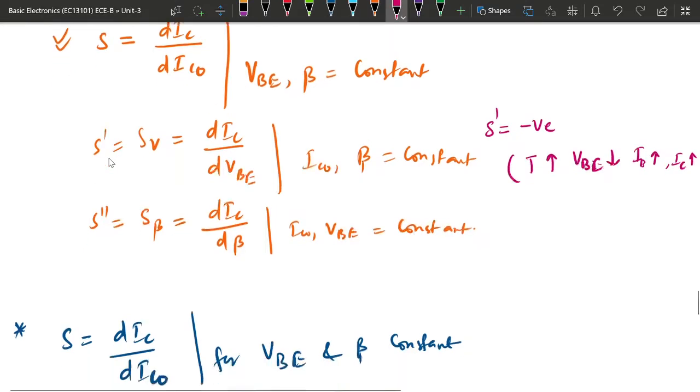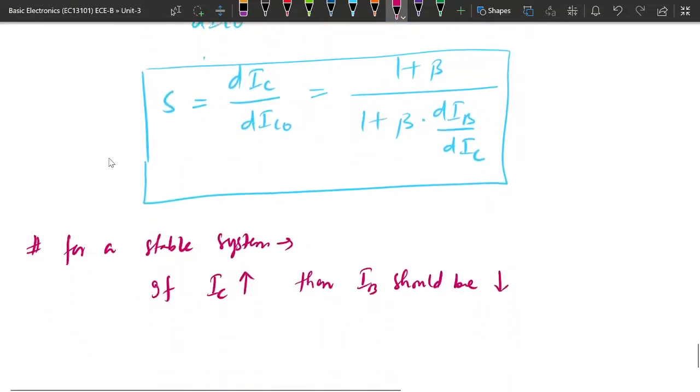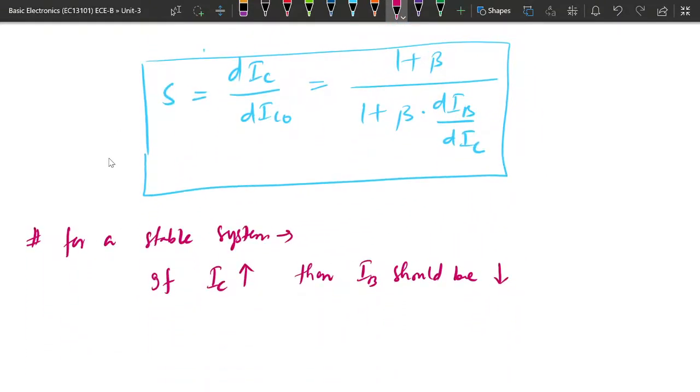So in terms of the concept, if a system is stable, the variation of IB and IC should be of opposite nature: if IC is increasing, then IB should be decreasing, or if IC is decreasing, then IB should be increasing.